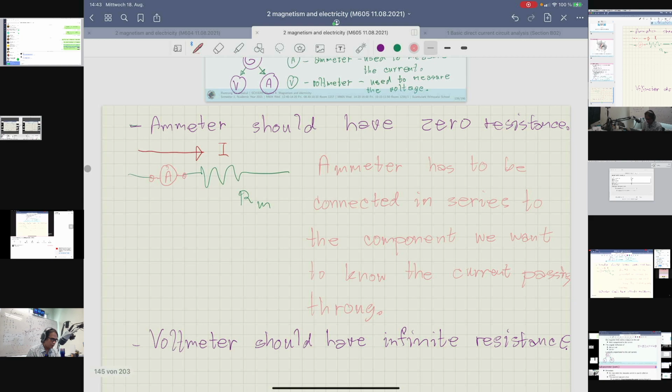What else? When you have an additional resistor before the actual resistor you want to observe the current of, you can see that something obstructs the current. This is the first stage. This here is the second stage, before adding the ammeter into the whole system, and here you add the ammeter into the system, right?